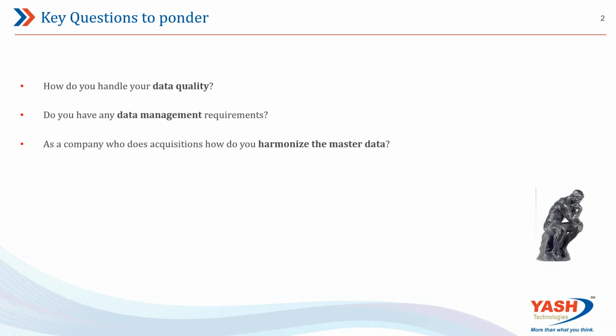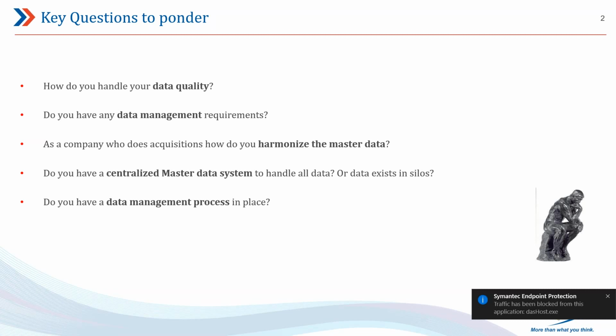If you're a company who is into expansion mode and you have a lot of companies joining in, how do you harmonize the data across your organization? Do you have a centralized master data system to handle all data? Is there a process in place?